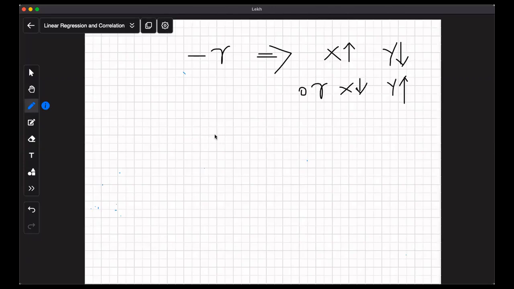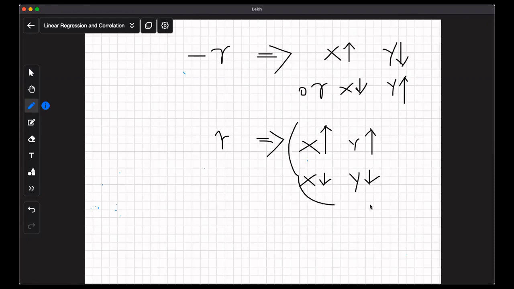But when it is positive, then it means that as x is increasing, y is increasing. If as x is decreasing, y is decreasing, that's also positive. You don't get anything outside that, because it means as one is changing direction, the other is changing direction.